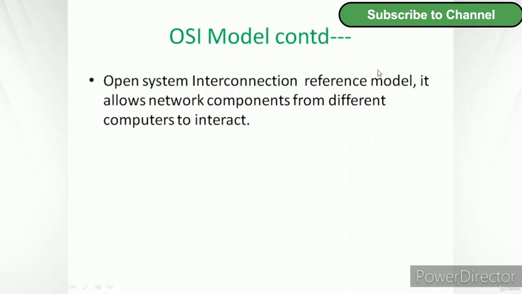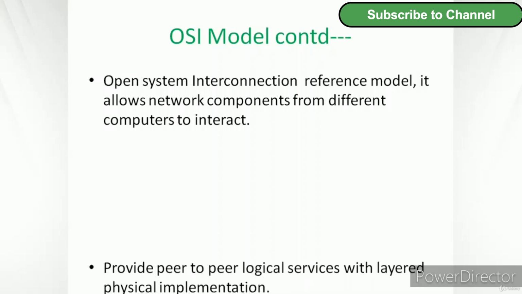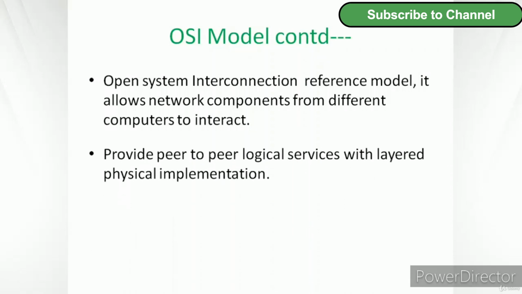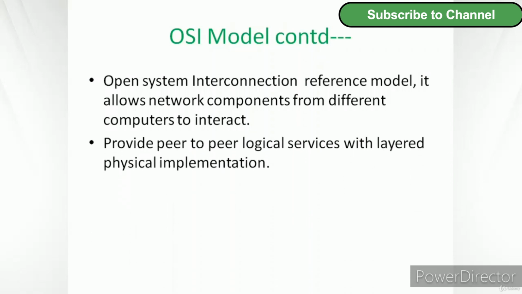We can see it is a theoretical model, and the practical one is TCP/IP. Now it allows network components from different computers to interact. This means different components can interact from different systems. It provides peer-to-peer logical services with layered physical implementation.